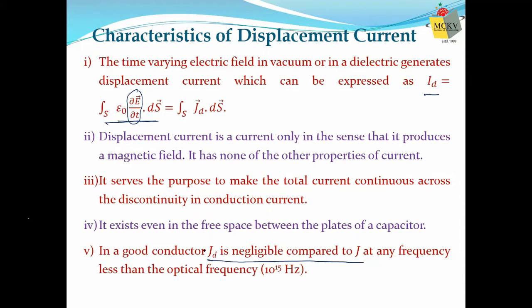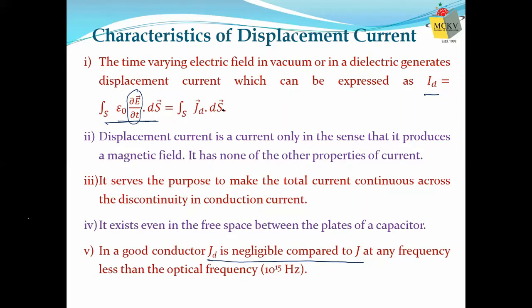JD is negligibly small, and that's why Faraday and other scientists couldn't detect this small quantity, because in normal flow of charges, that means for a good conductor or even for a normal conductor, the second portion, epsilon naught del E/del t, is so small in comparison to J, the conventional current density, that it is impossible to measure.